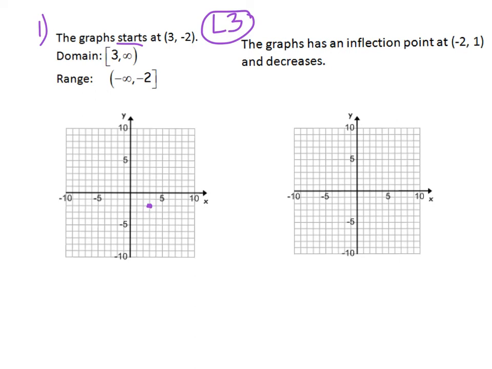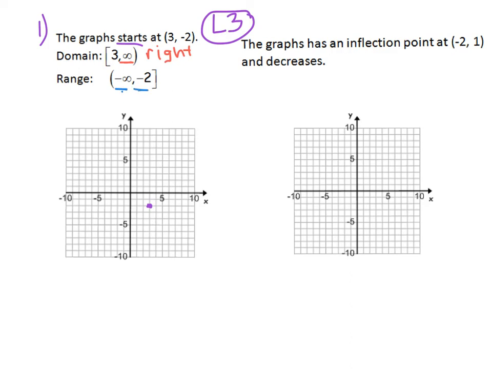Okay, so now if the domain, the x values, is going leftmost at 3 and rightmost towards infinity, we know that it is going to curve right. Okay, so this tells us here, since leftmost to rightmost is going towards infinity on the right, it's going right infinitely. The range, on the other hand, tells us it's going from -infinity to -2.